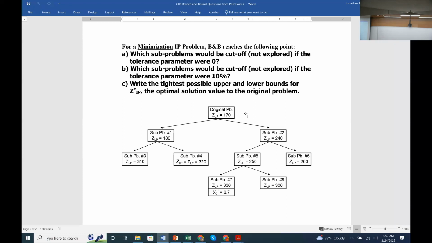For this minimization, which problems can be cut off? How do we know it's minimization? As we added constraints, numbers went up. That's bad, so I must want to go down. I have an incumbent that scores 320, so I know for sure I can get 320. And I'm trying to make things small, so there's nothing under here that will be smaller than 330.